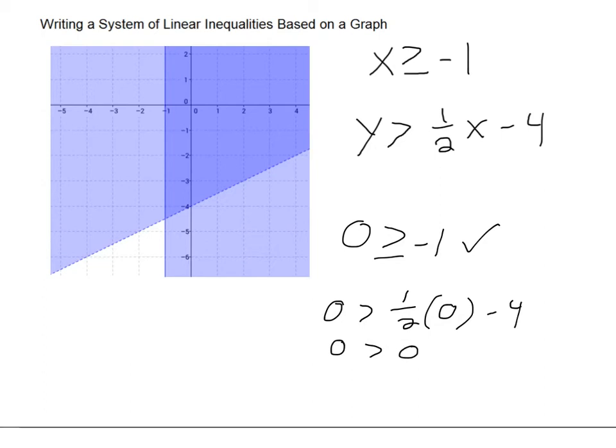Multiplying through, I get 0 is greater than 0 minus 4, which means 0 is greater than -4. Also true. Once again, the origin satisfies both of my inequalities and therefore is in the region that contains all of the solutions to the system of inequalities.